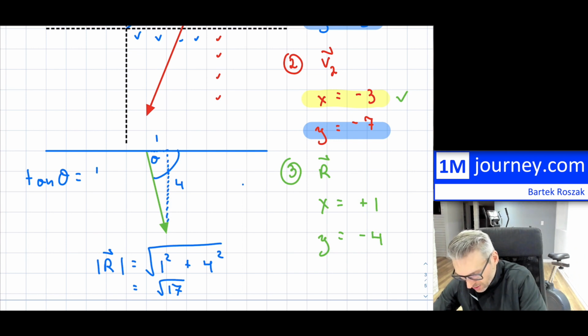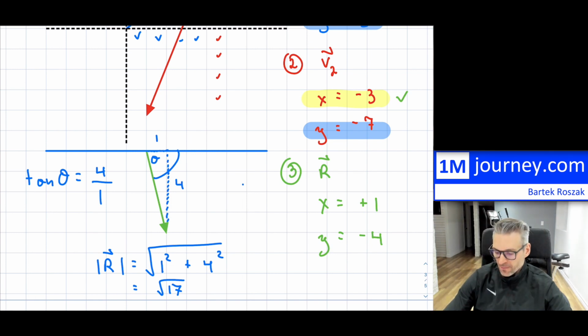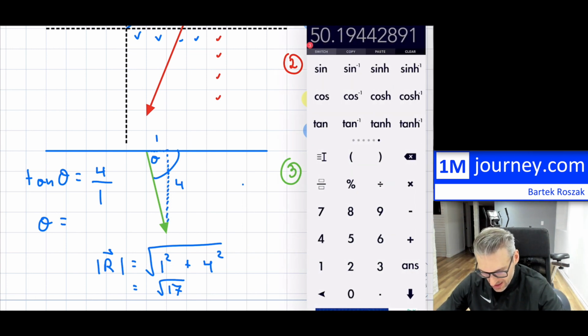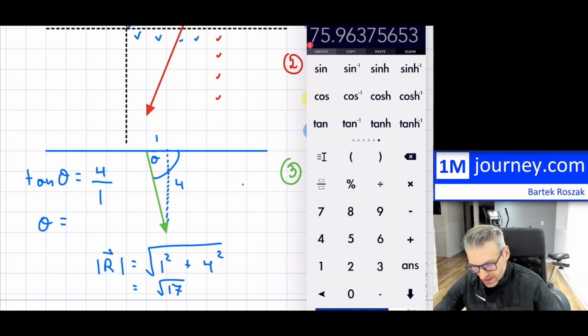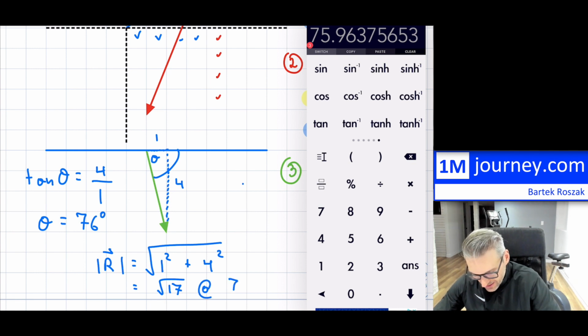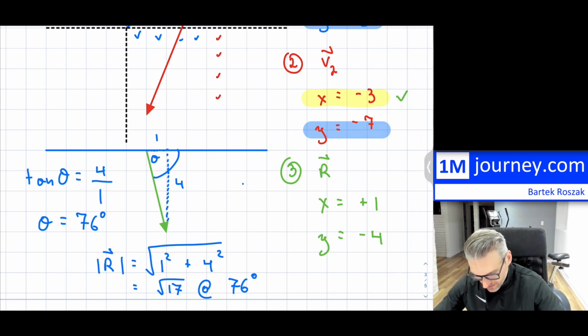So that's going to be opposite over adjacent, so that's 4 over 1. That's your tan theta, and that angle is equal to, well, we can find out exactly. So tan inverse, this is just 4 over 1, which is 4, and it's going to be around 76 degrees. So this is at 76 degrees.